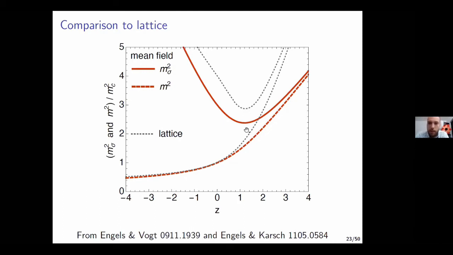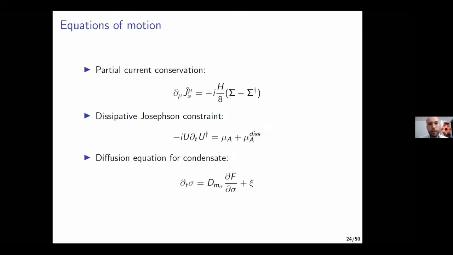So the minima are aligned, and you have m_sigma growing as well as it is in the lattice. So those are the ingredients that we'll be using to eventually compute the hydro coefficients, the transport coefficients.